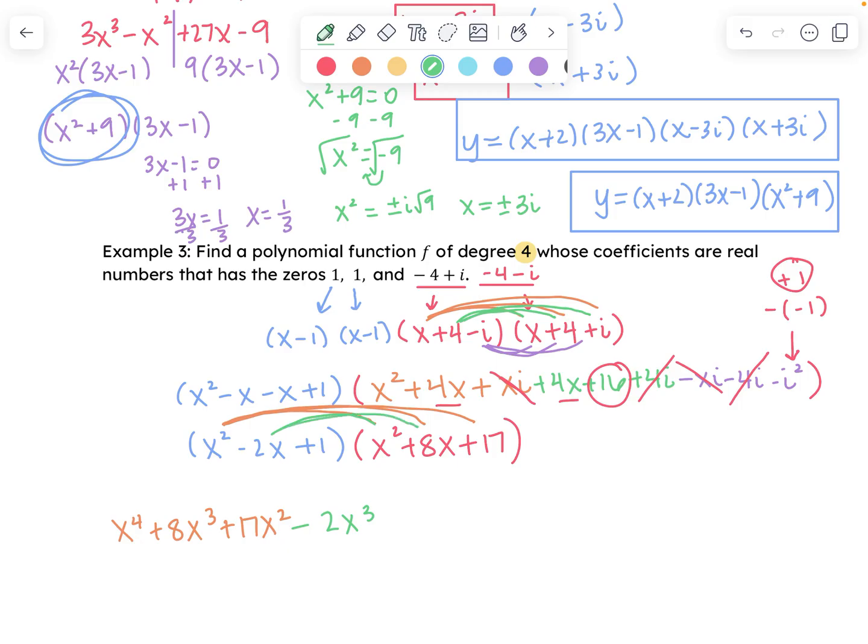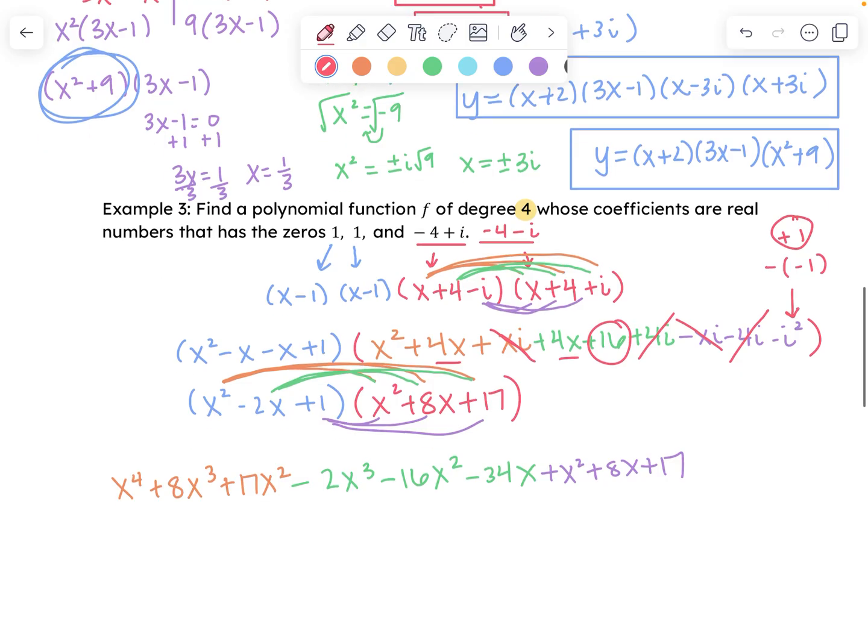Negative 2x times 8x is going to be negative 16x squared. And negative 2x times 17 is negative 34x. And lastly, the 1, that's going to be nice and easy because 1 times anything is just that same thing you started with. So I'm just going to have plus x squared plus 8x and plus 17.